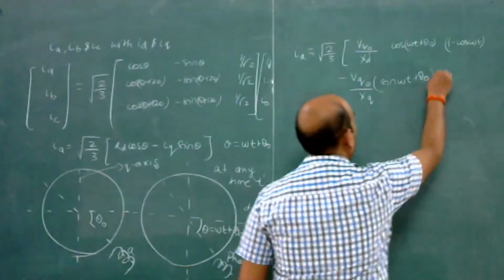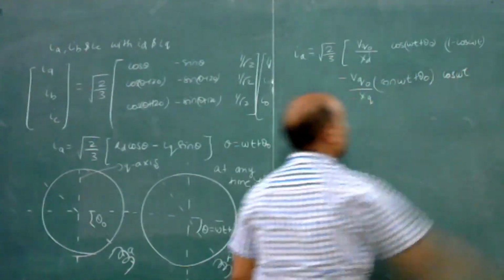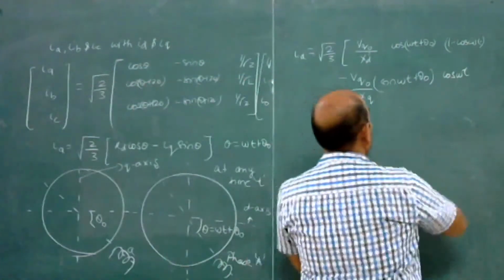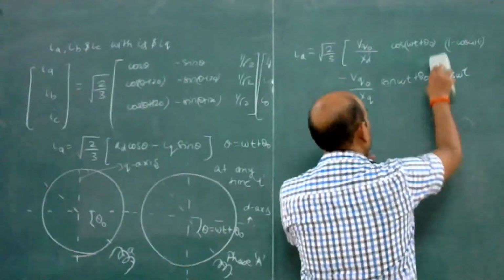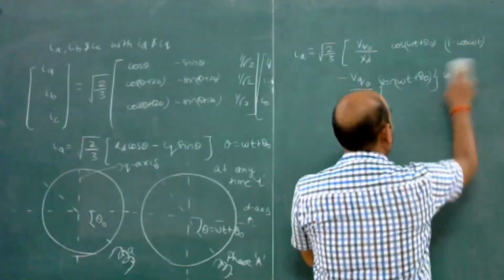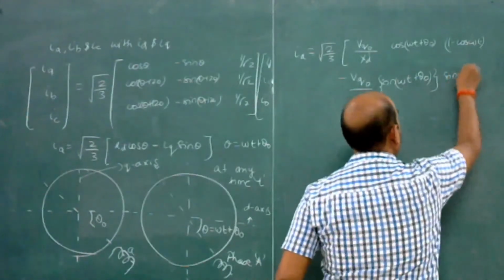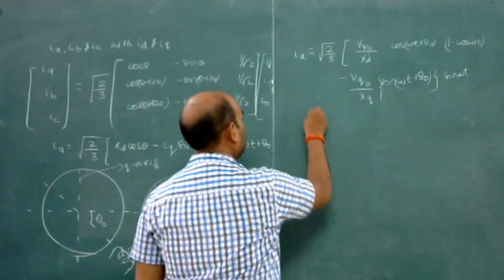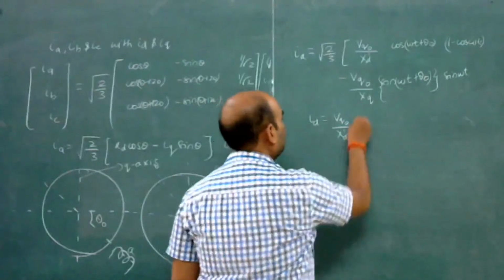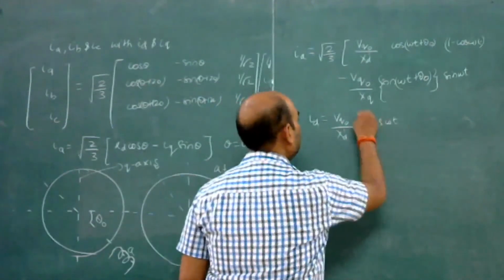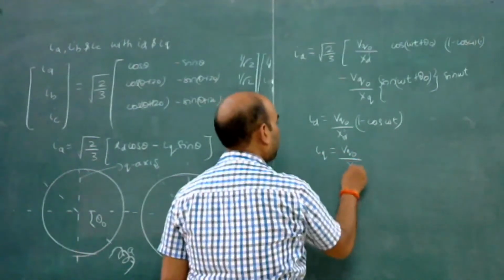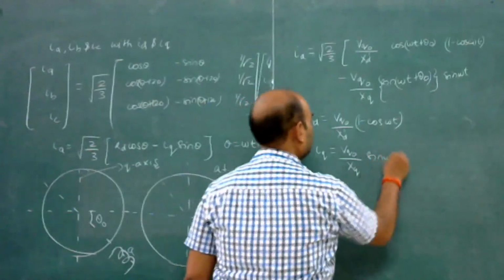So ID is equal to VQ naught upon XD dash times (1 minus cos omega t), and IQ is equal to VQ naught upon XQ times sin omega t.